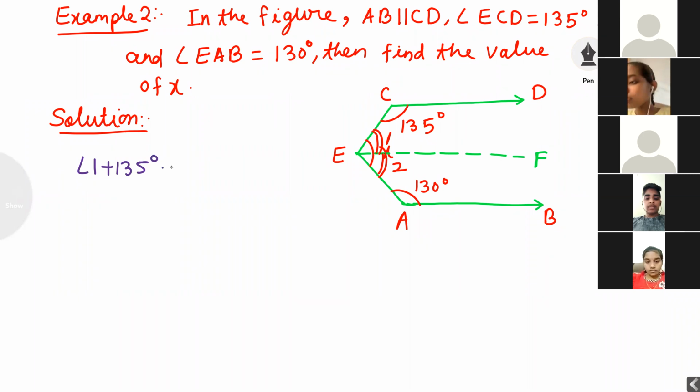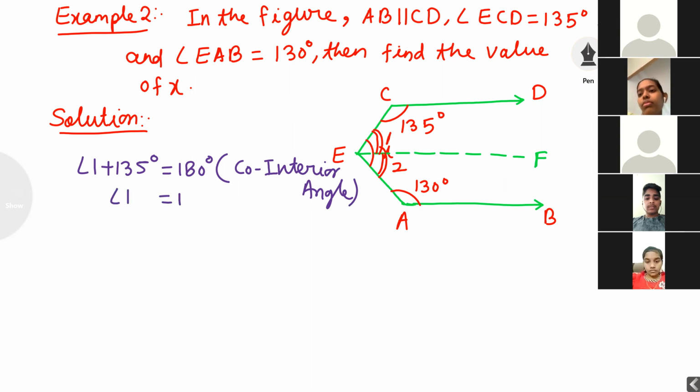Students always keep in mind co-interior angles will never be equal. The sum of co-interior angles is equal to 180 degree. Now angle 1 is equal to 180 degree minus 135 degree. Angle 1 has come 45 degree.